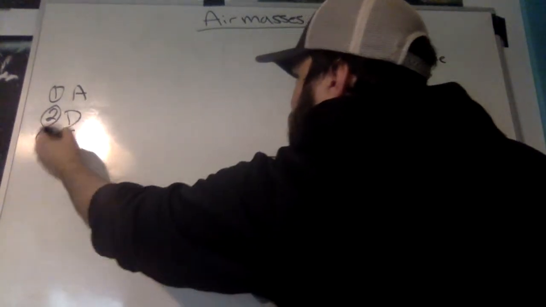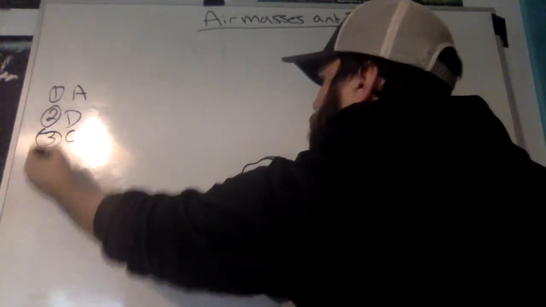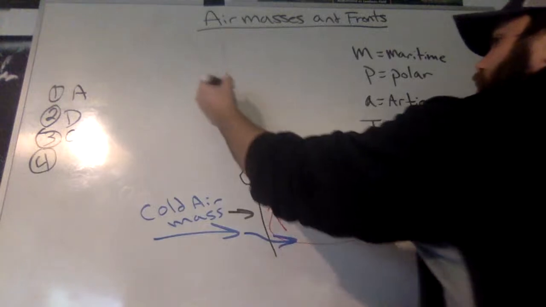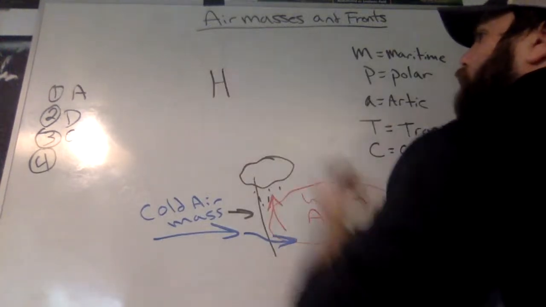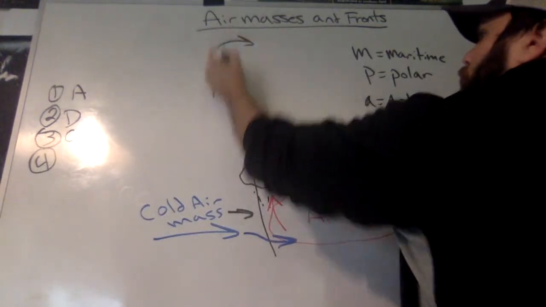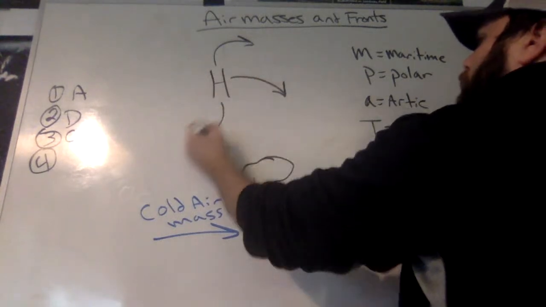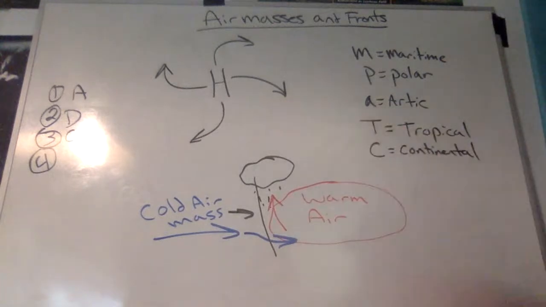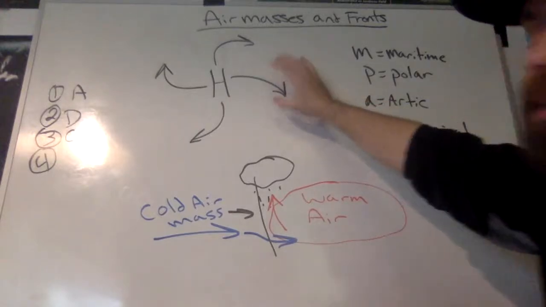All right, number four. A high pressure center is generally characterized by, so let's think about a high pressure center. We know that all the air is going out of it in a clockwise rotation. Because of this, there's not going to be a lot of clouds there.